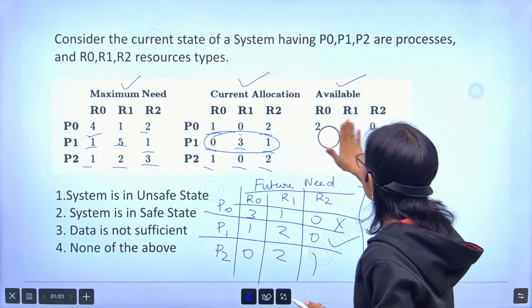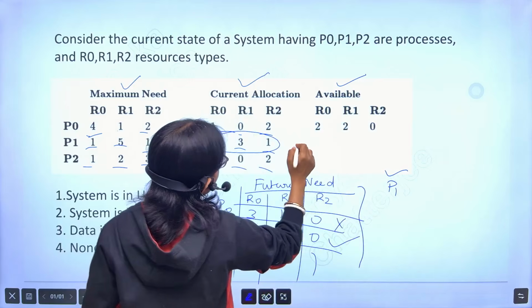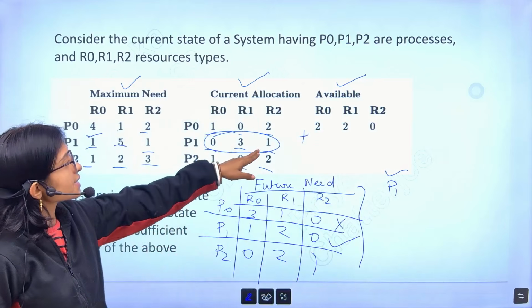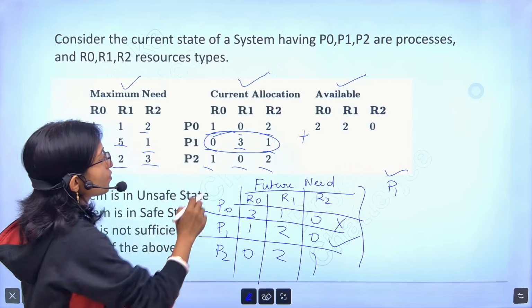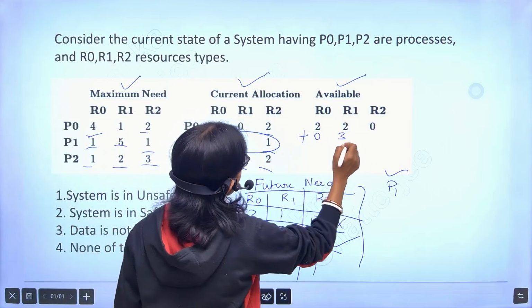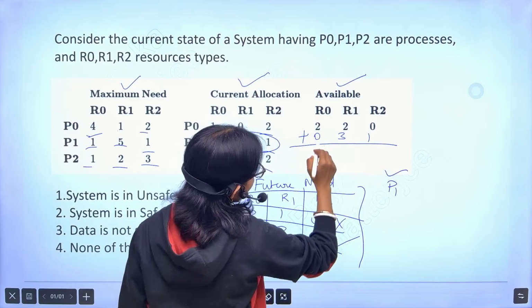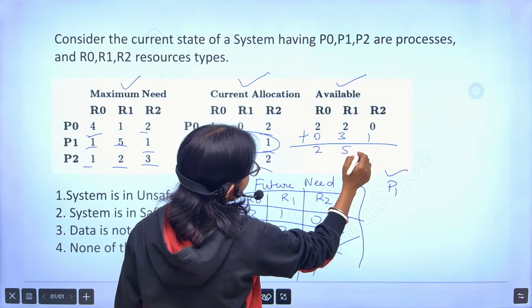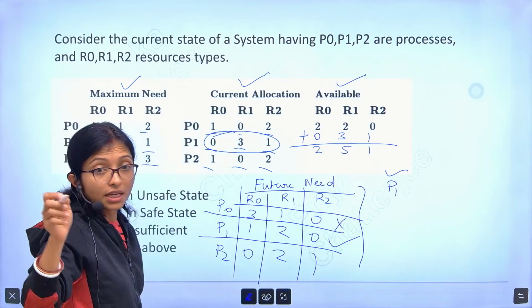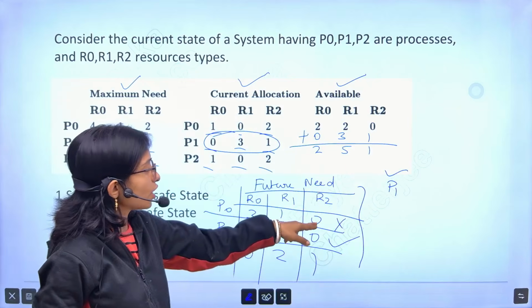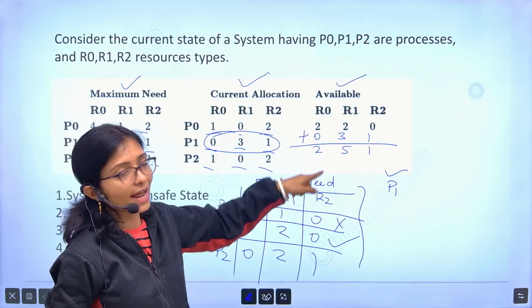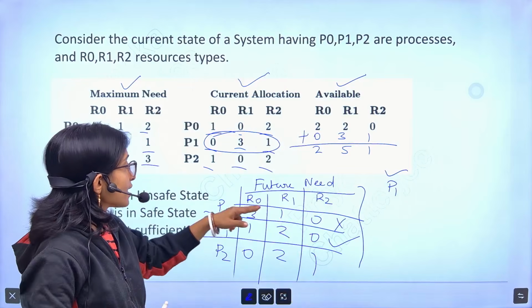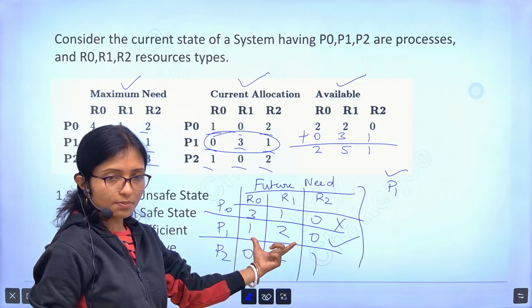That's why what I will do here with the availability, now we are going to add this current allocation from P1, that is 0, 3 and 1. Now your availability is 2, 5 and 1. You will tell me, ma'am, this is I have already allocated. So why you are adding with this? See that. P1 requirement was this much.